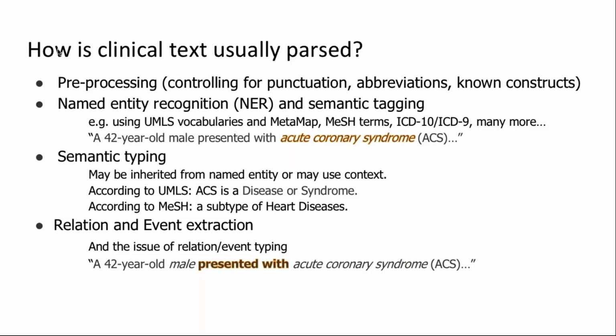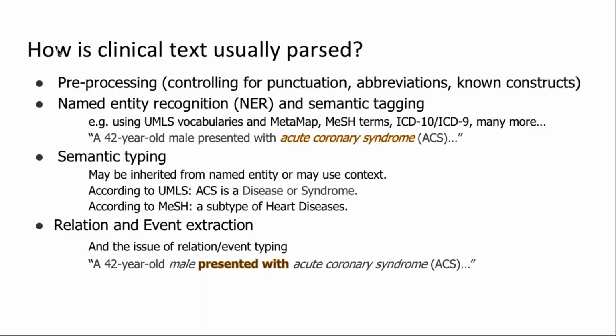Technical language usually has a lot of abbreviations that you may need to handle or at least define, or those known constructs such as known named entities, particular keywords that have some kind of higher level meaning. So this is all often done at a pre-processing stage. And then once you actually do the bulk of the named entity recognition and semantic tagging, then you may go through and find things like, okay, acute coronary syndrome is a recognized phrase. We know what this means, and we can link this through documents.